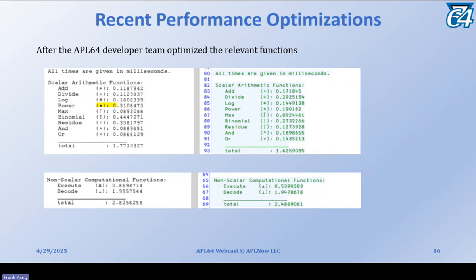So again, this is still the APL plus swing result, and this is the modified function in the newer version of APL64, and binomial here. The right hand side is the binomial function. And the decode function used to be this much. Now it's like that.